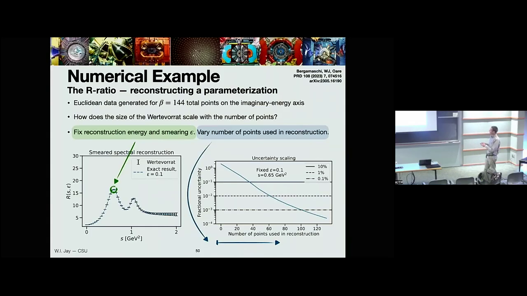In fact, that's exactly what one sees here on the right. What's plotted is the fractional uncertainty in this point here. And the horizontal axis is the number of points used in the reconstruction. It's a log scale on the vertical axis, and this is roughly a straight line, so you can see it's approximately exponentially decreasing as you bring more and more analytic information to bear. And after about 100 points used, that suffices to get, in principle, per mil precision.